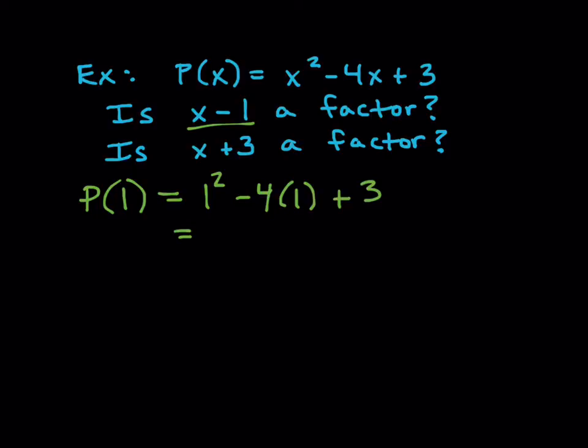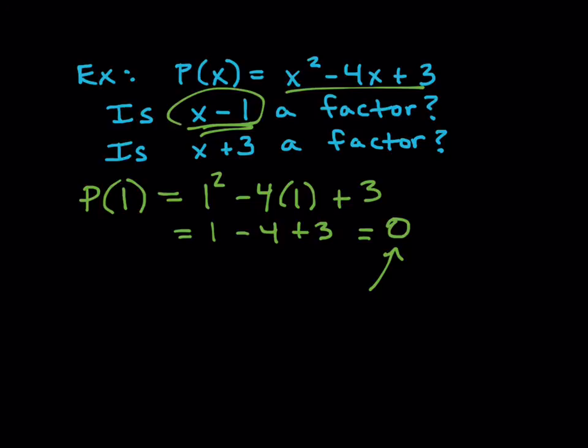So that's going to be 1 minus 4 plus 3, that's negative 3 plus 3, which is 0. And then the remainder theorem tells me that this number is the remainder when dividing this polynomial by x minus 1. So if I get a remainder of 0 when I'm dividing, that means that this divides in evenly, which means that it is a factor. So yes, x minus 1 is a factor.